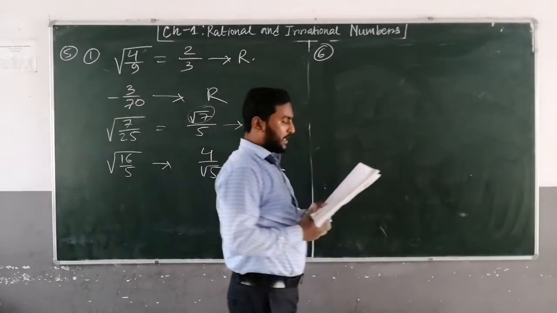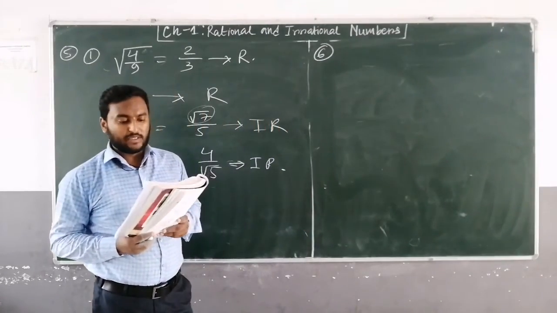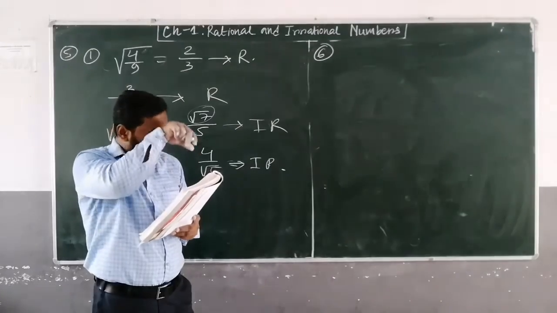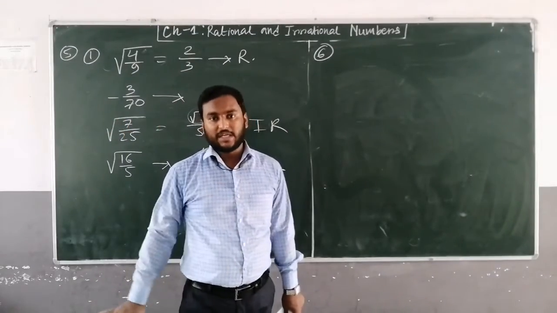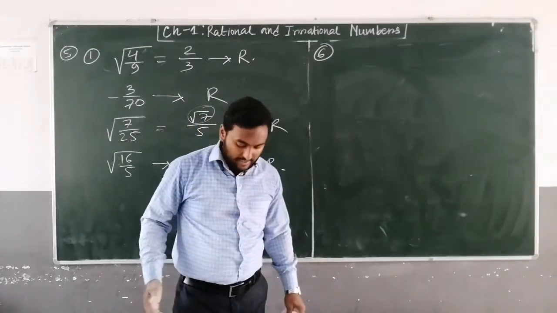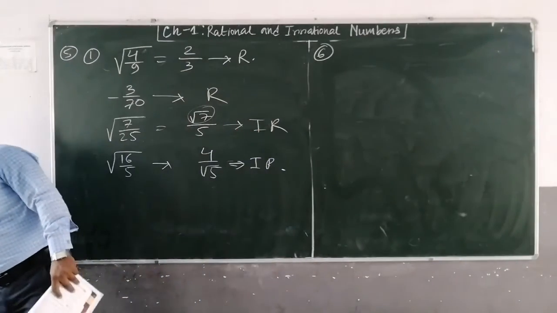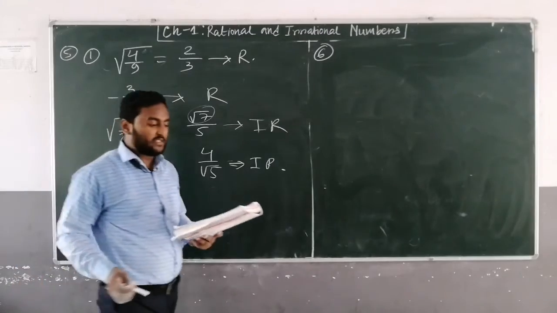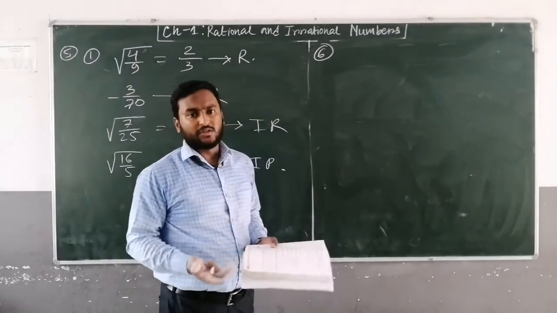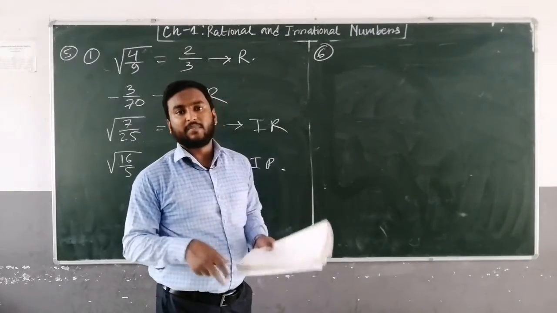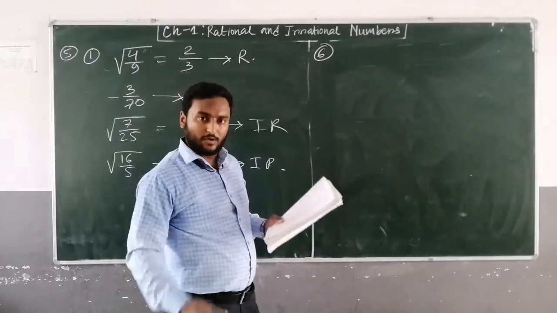It is told that state which of the following numbers will change into non-terminating, non-recurring decimal. Non-terminating, non-recurring means irrational. Same thing. Irrational and non-terminating, non-recurring, that is the same thing. It means you have to say in the 6th part also which one is irrational. Which number is irrational, that number will be non-terminating, non-recurring.